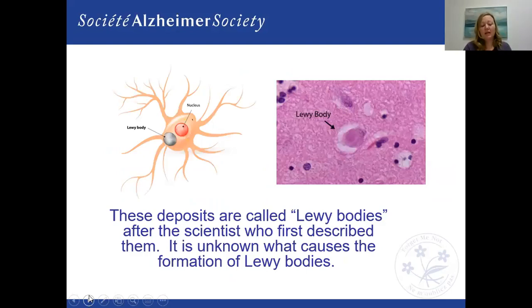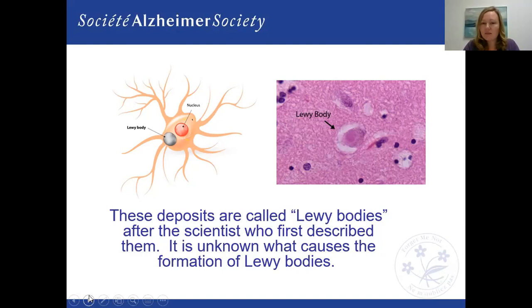So, as I said, doctors don't really know what causes Lewy bodies to form. However, Lewy bodies have a protein that's also seen in Parkinson's disease, which suggests that the conditions might be linked in some way. Lewy bodies typically affect the areas of the brain involved in thinking and movement, and there are two ways in which Lewy body dementia is classified.